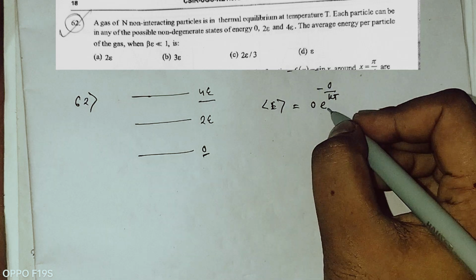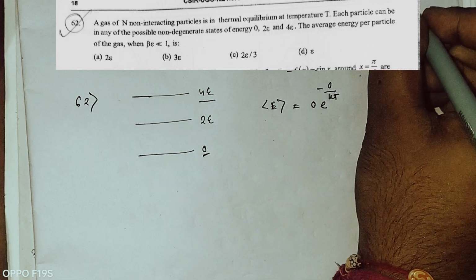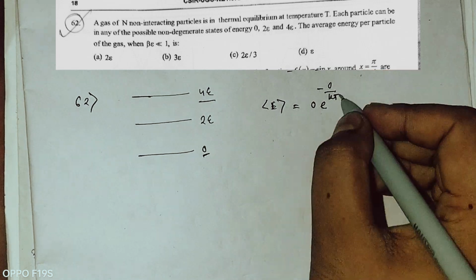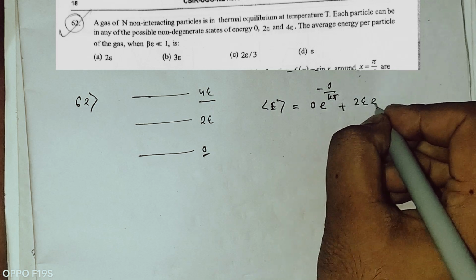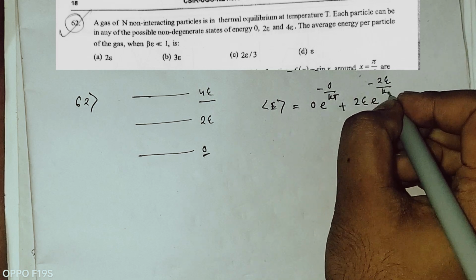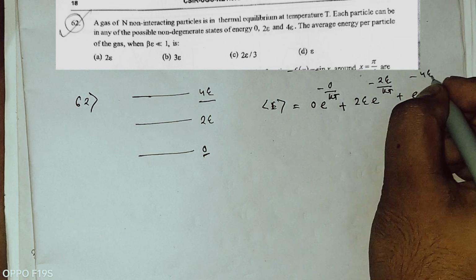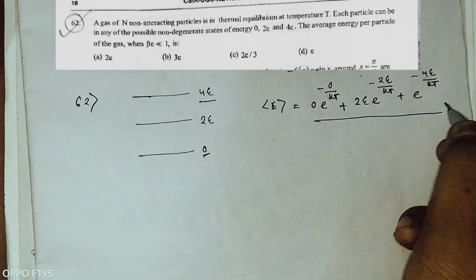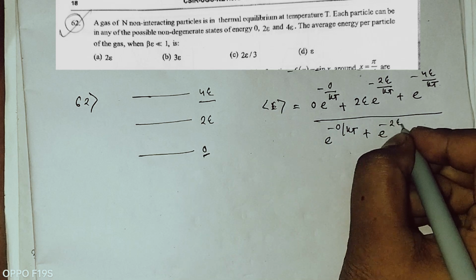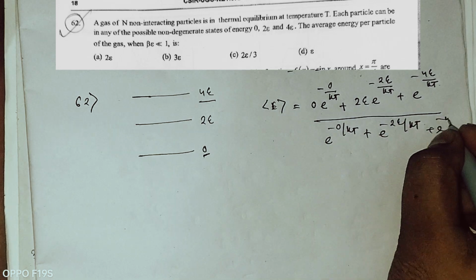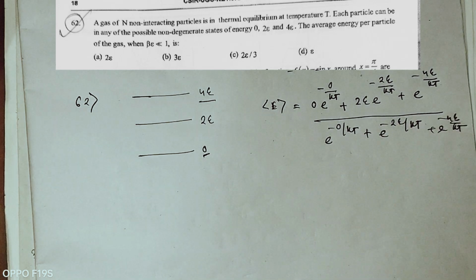Why by kT? Because we know e to the power minus beta E_i, where beta equal to 1 by kT. So E equal to 0 plus 2 epsilon e to the power minus 2 epsilon by kT plus 4 epsilon e to the power minus 4 epsilon by kT, divided by e to the power minus 0 by kT plus e to the power minus 2 epsilon by kT plus e to the power minus 4 epsilon by kT, right?